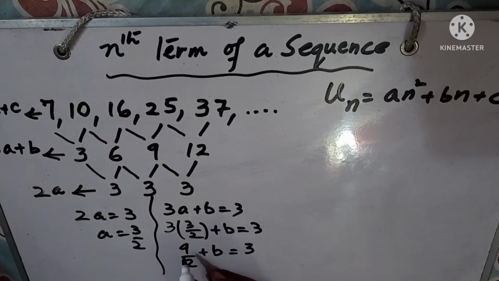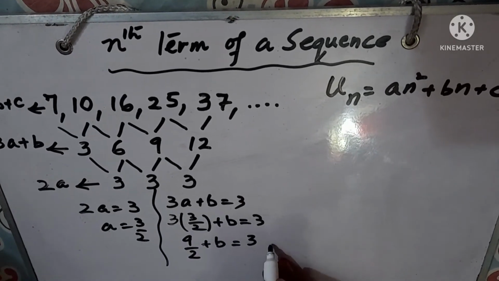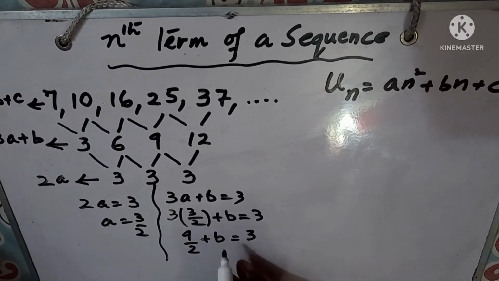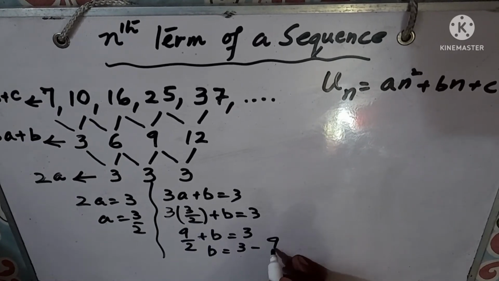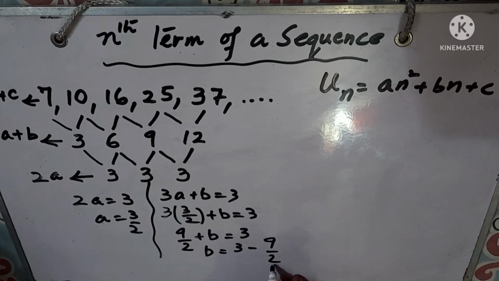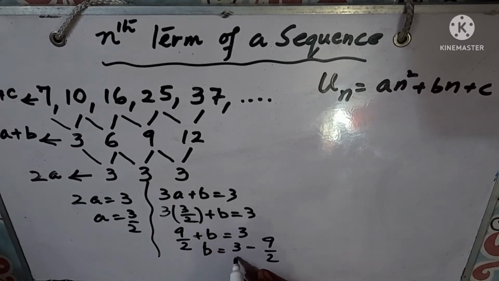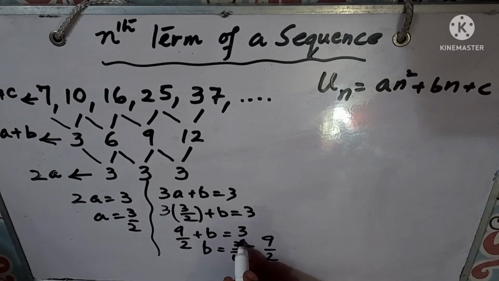And then I will shift this 9 over 2 to the right side to get my b on its own. So my b is equal to 3 minus 9 over 2. As the denominator is 2 here and the denominator is 1 here, what I'll do here is multiply the denominator by 2 and the numerator by 2.